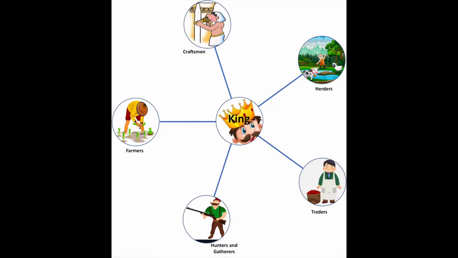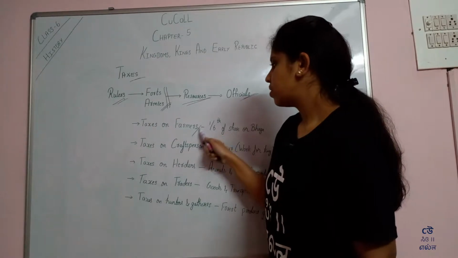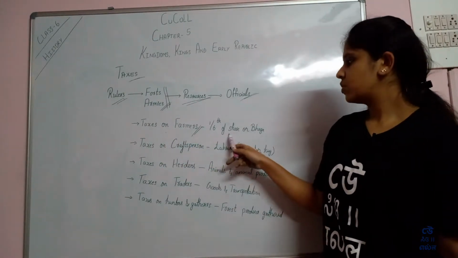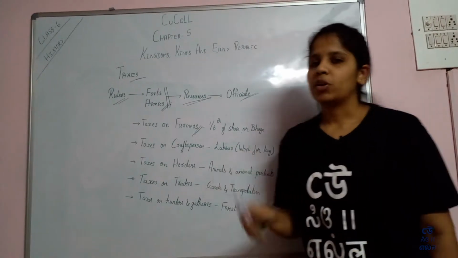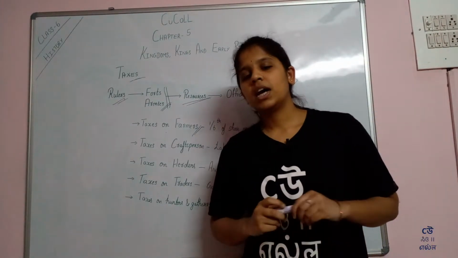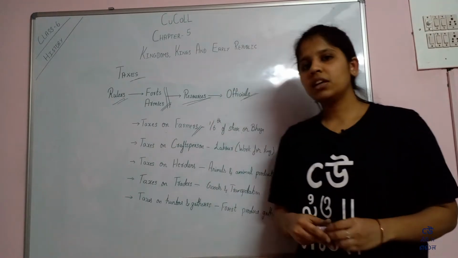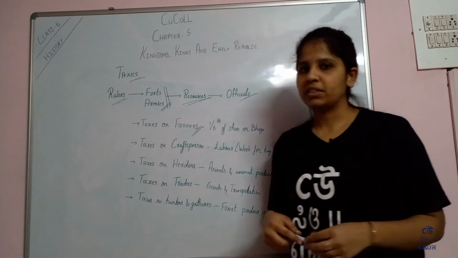So people had to pay tax to the ruler. So let us know which category of people had to pay tax to the rajas. Taxes on farmers: 1/6 of share or bhaga. The farmer had to pay tax by giving the crops grown by the farmer.